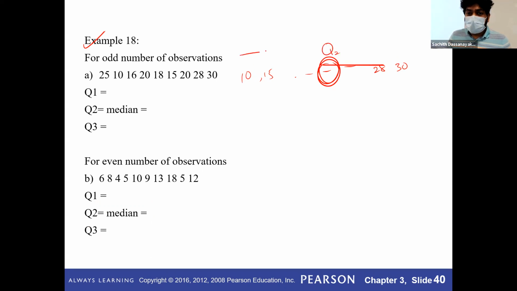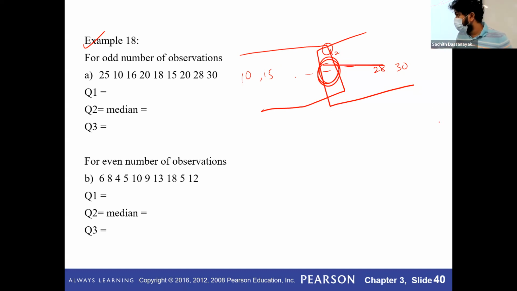When we calculate Q1 and Q3, we have to include this median as well in odd number of observations. But for even number of observations, let's do this one.